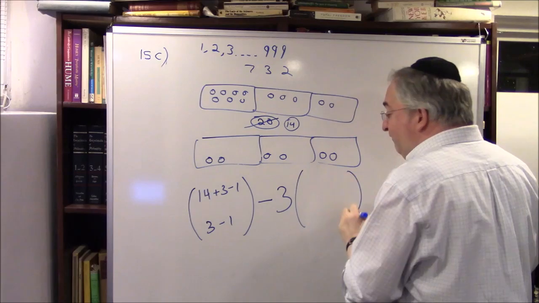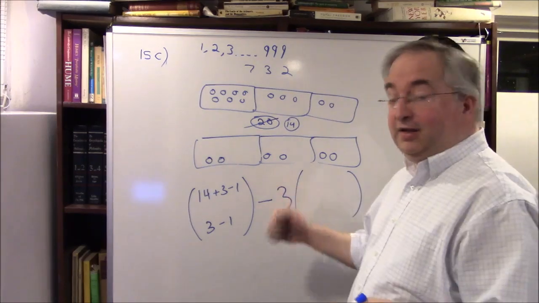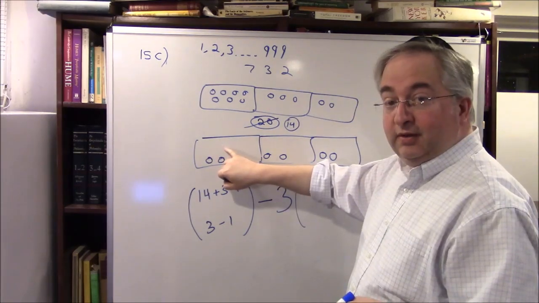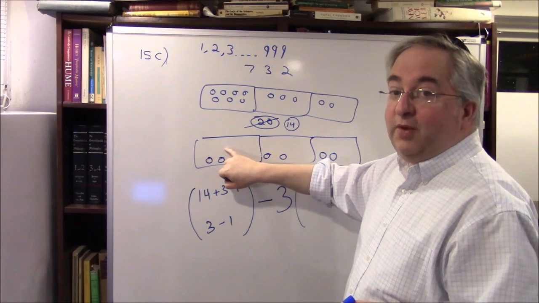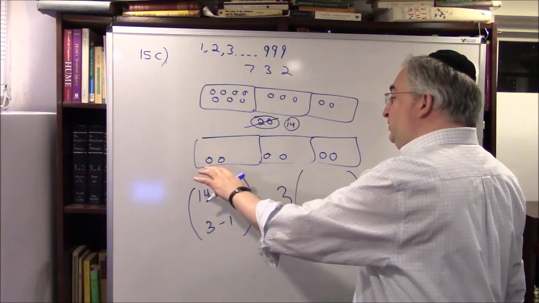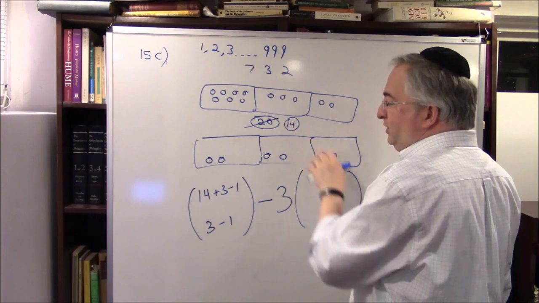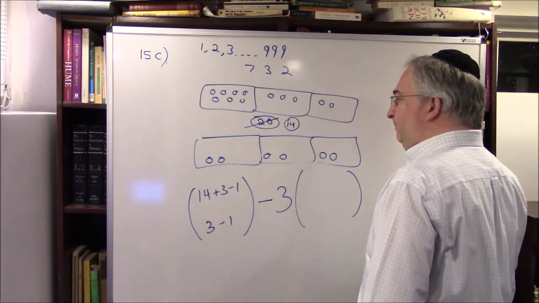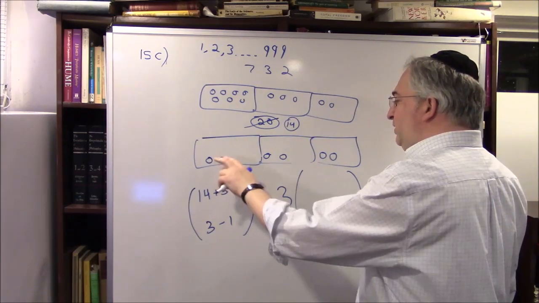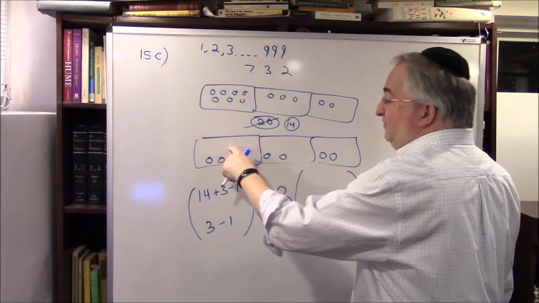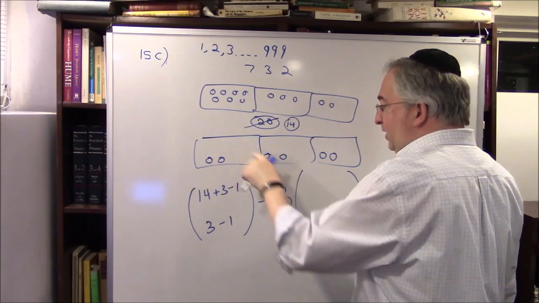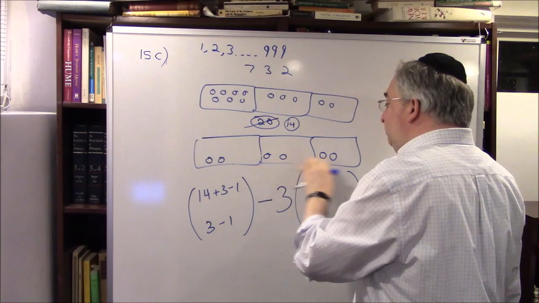Now if I have 10, let's say in this one, then how many more things do I have to distribute? Let's see. I put down 2, 2, and 2, but I have 10 in here. So I have 10 plus 2 plus 2.